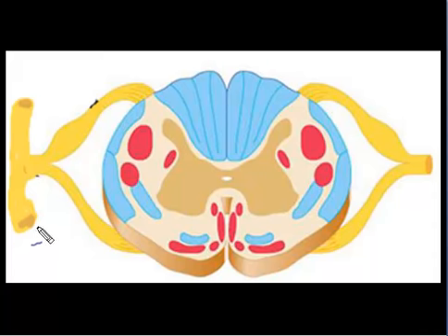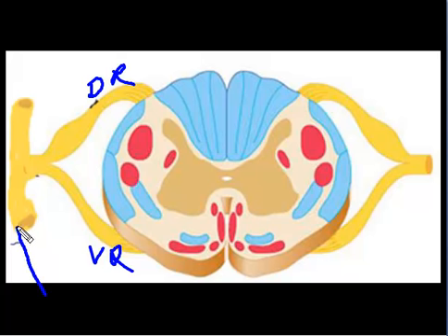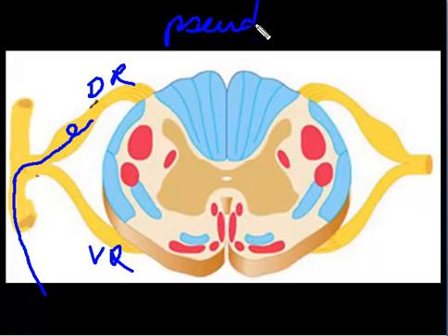Let's say that we know that this is the dorsal root and this is the ventral root. So all afferent impulses or sensory impulses will pass. So if this is coming from the skin or any other area from a receptor, and it's traveling in the ventral ramus, it will pass into the spinal nerve, have its cell body in the dorsal root ganglion, and this cell body is going to be pseudo-unipolar. So remember, the dorsal root ganglion has pseudo-unipolar neurons or cells.